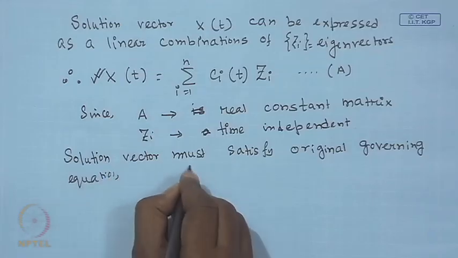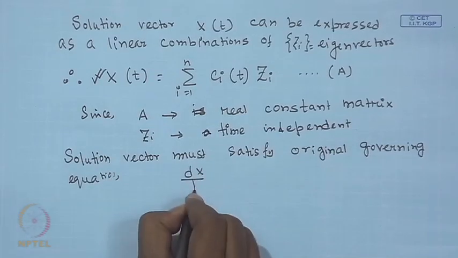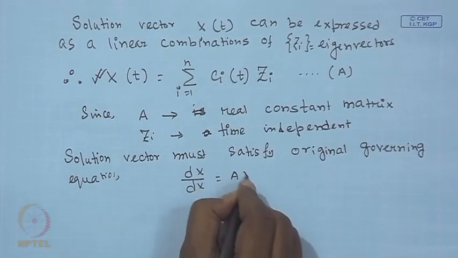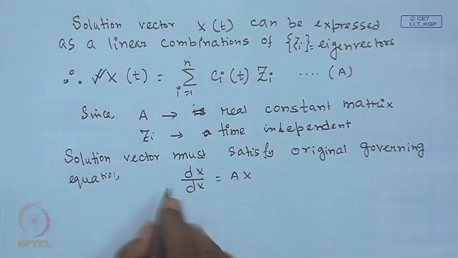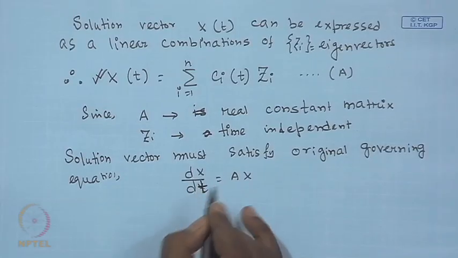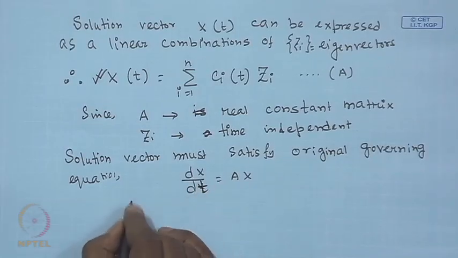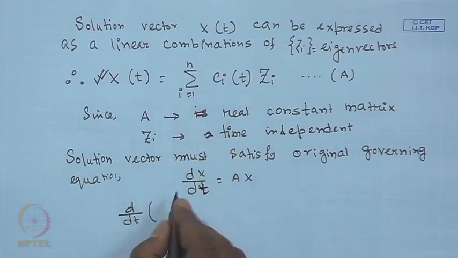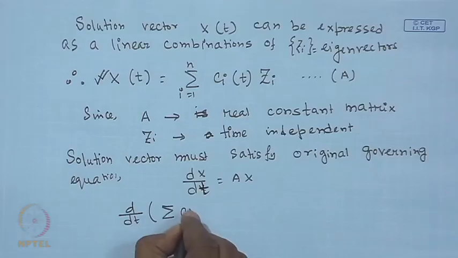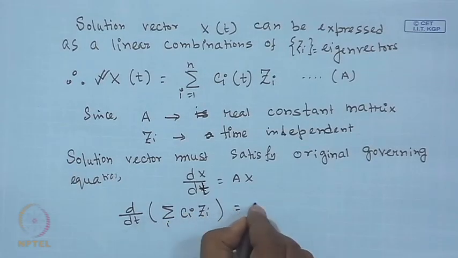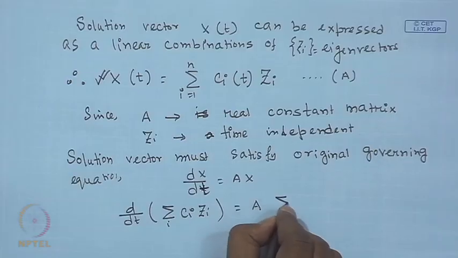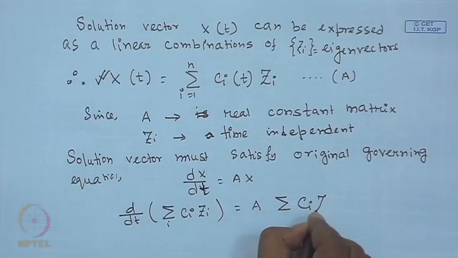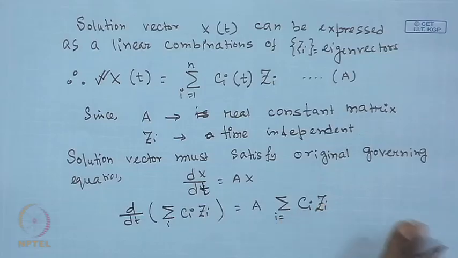That was dx/dt should be equal to A x. So, we write d/dt of x, where x is summation c i z i. So, it will be summation c i z i, this summation is over i, equals A times x, where x is nothing but summation c i z i.